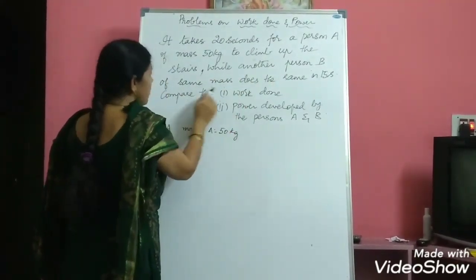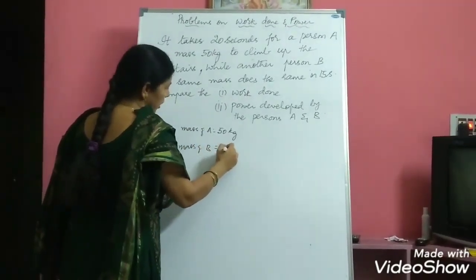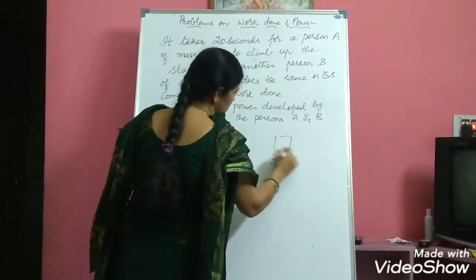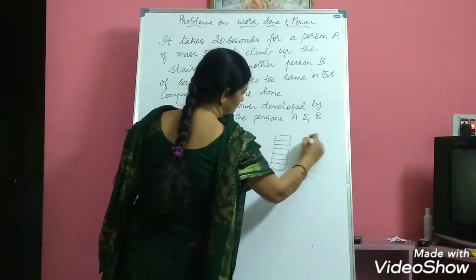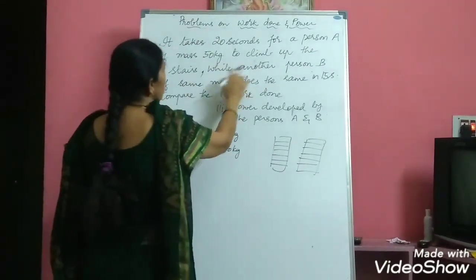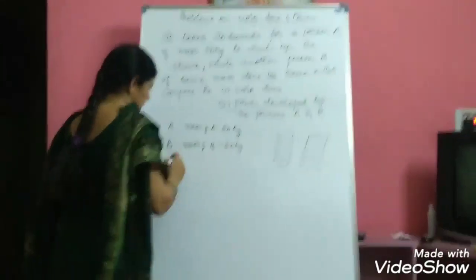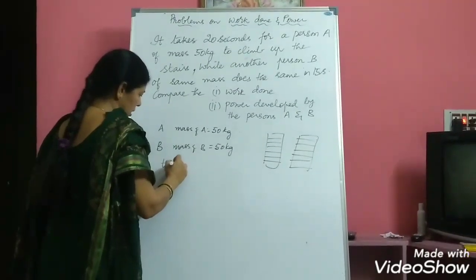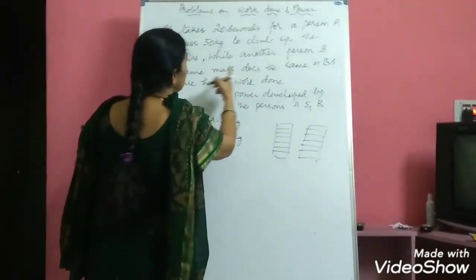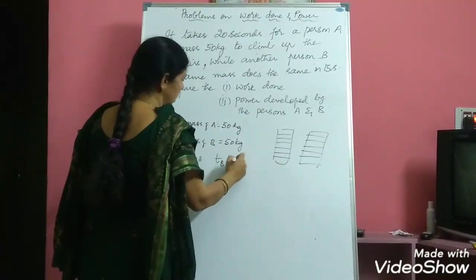While another person B of same mass, so mass of B is also 50 kg. Now both are climbing up the stairs. Time taken for A is 20 seconds. And time taken for B is 15 seconds.